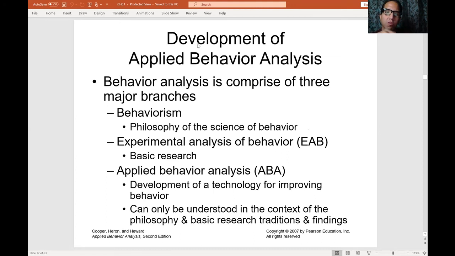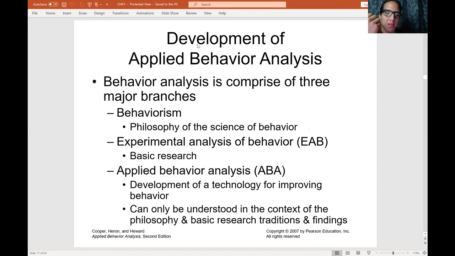Started doing basic research on it, like putting pigeons in an operant chamber where they pecked the button and food came out, and they saw, wow, if food comes out when the pigeon does this, this happens. If food doesn't come out, this happens. If food comes every 2 times that the pigeon does it, this happens. If it comes in a set period of time after the pigeon does it, this happens. And so using, like I said, parsimony, changing one variable at a time, using basic research, they uncovered behavior, right? Where they're uncovering the variables that affect behavior.